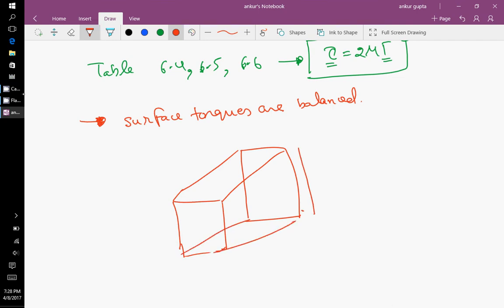It does not look like a cube, but assume this is a cube, and that this direction is y, this is z, and this is x.